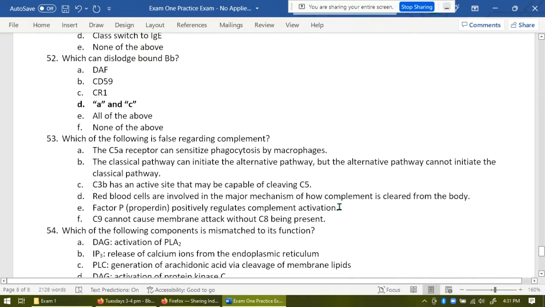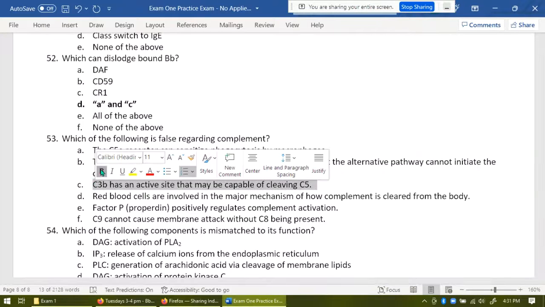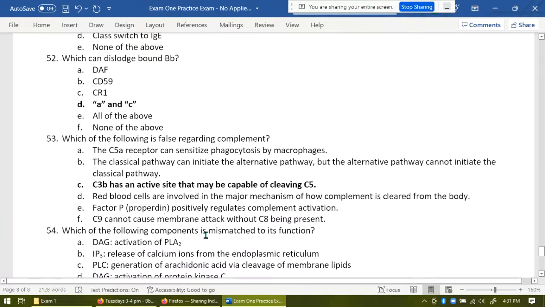Factor P is going to bind to alternative C3 convertases and protect them from degradation and make them last longer. C9 cannot cause membrane attack without C8 being present. That one is also true. C9 will never polymerize unless C8 is already present in the membrane. So the answer here is C. Okay, that one is false.